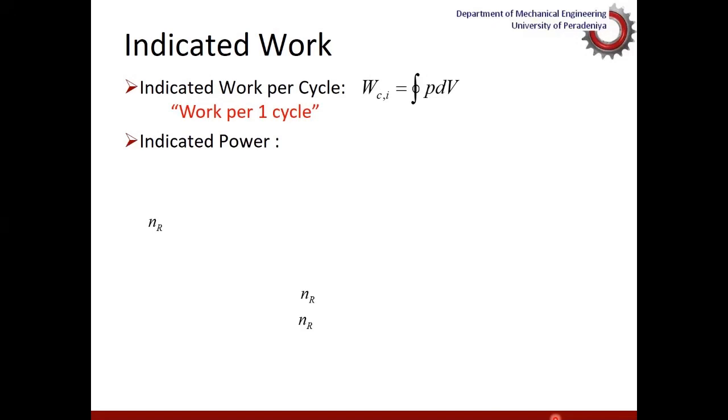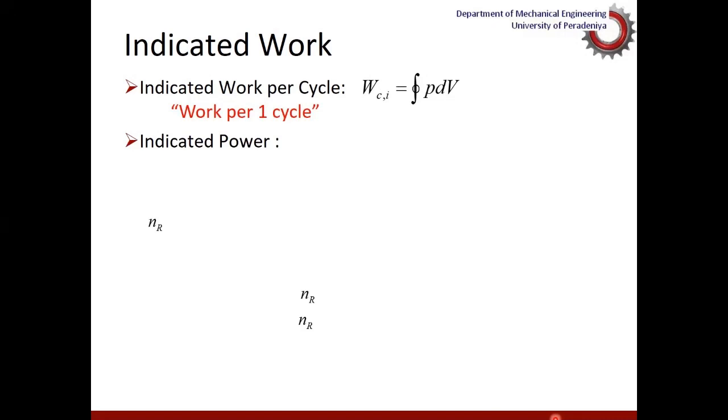So we can convert this indicated work per cycle into indicated power, a more sensible practical parameter, by considering the speed of the engine, as well as knowing whether that engine is a two-stroke engine or a four-stroke engine. Now, if an engine operates, for the moment let me use the term n as revolutions a second.